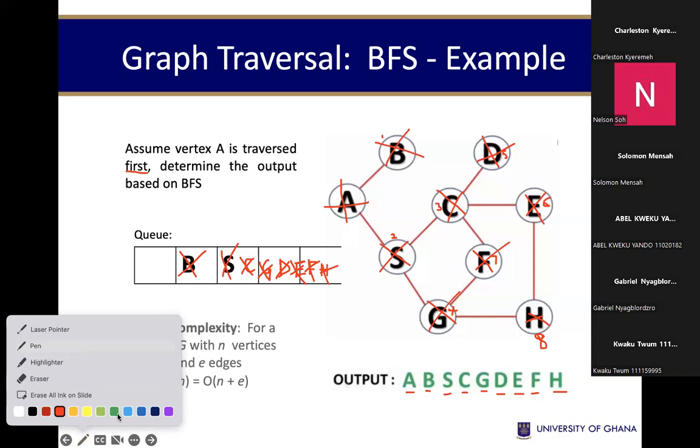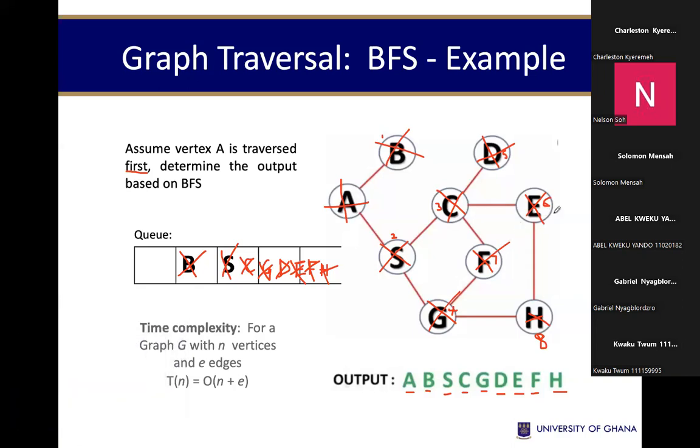Okay. So in your case, you start with E, right? So E will be the one to be outputted first. Then we need to check E is adjacent to what? E's friends are C and H. Okay. So C becomes 1, H becomes 2.